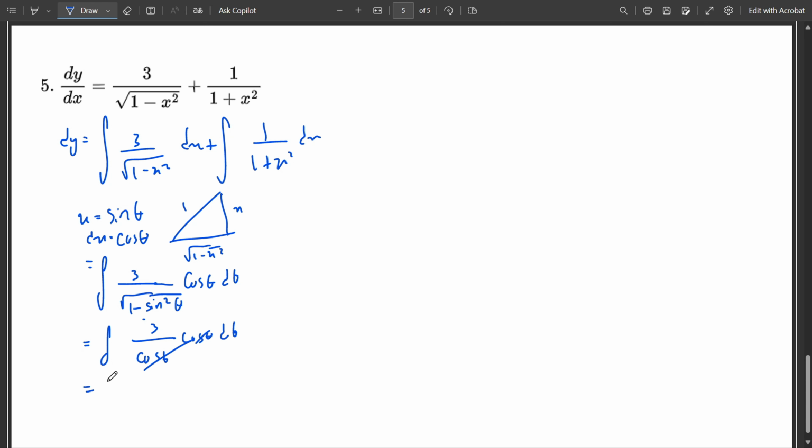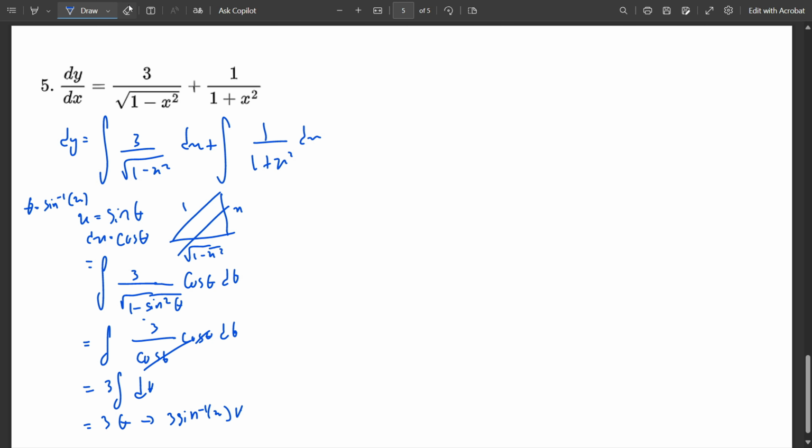Cancel these, you have 3 times the integral of d theta, which is just 3 times theta. What is our theta? Theta is equal to sine inverse of x. So we have 3 times sine inverse of x plus some constant k.